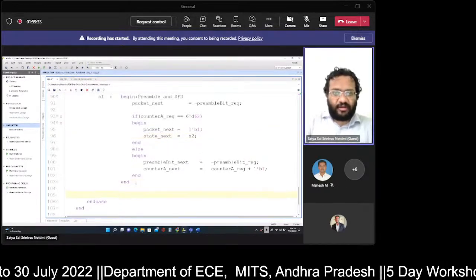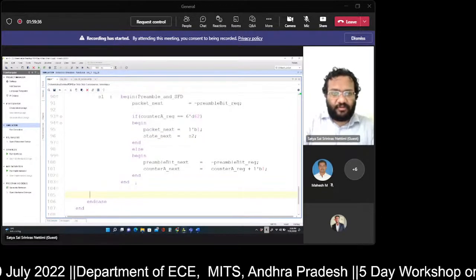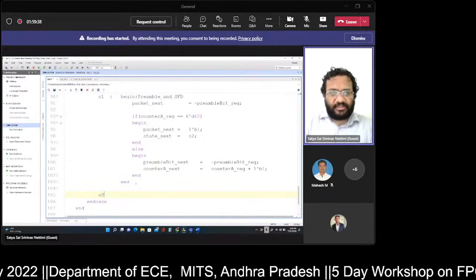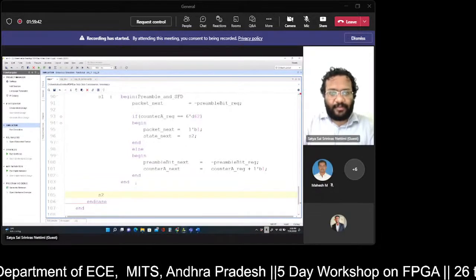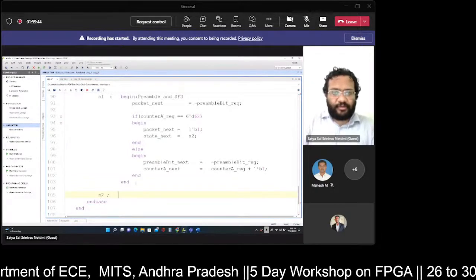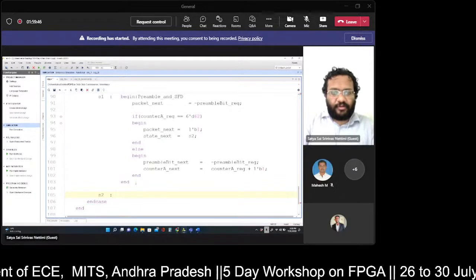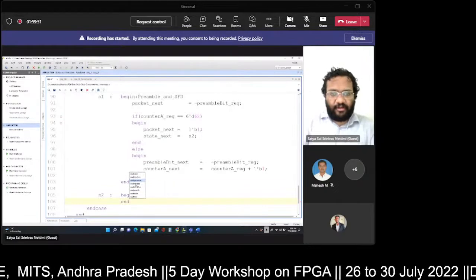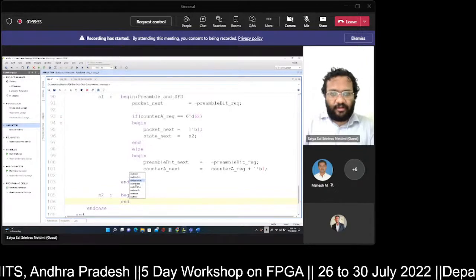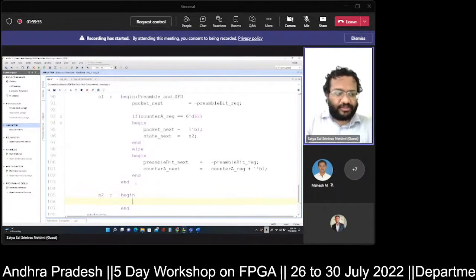And here, the next state, that is S2, we have to define the operations which we need to do in S2.